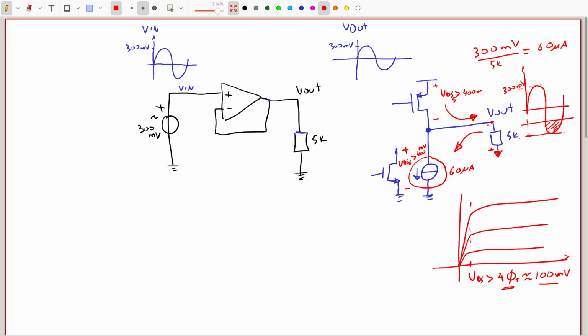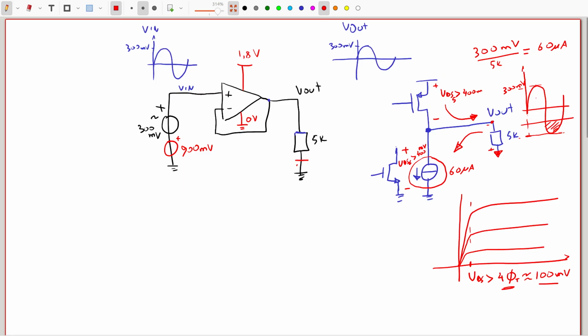Now in this particular case, the signal is swinging around a DC voltage of 900 millivolts. The power supply is 1.8 volts, and this is connected to ground, 0 volts.